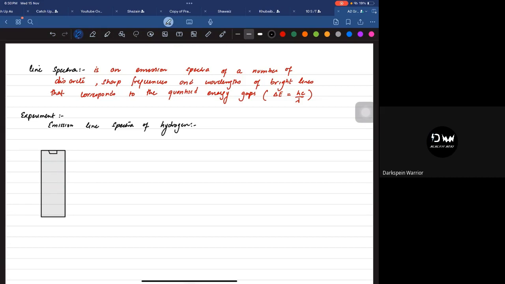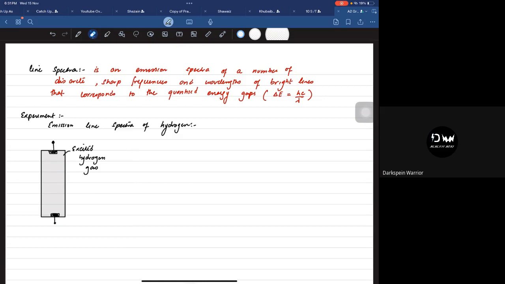Generally, we provide some sort of electrical energy to it, so that we can have an excited hydrogen gas. Yes. And then we basically let it pass through a grating because we want it to diffract.